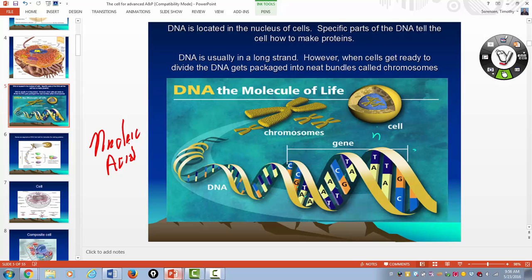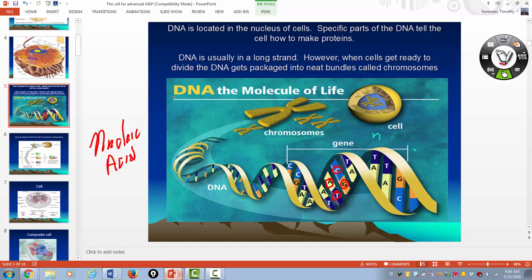And as you learned in anatomy and physiology, you have 4 nucleotides. You have adenine, thymine, cytosine, and guanine.